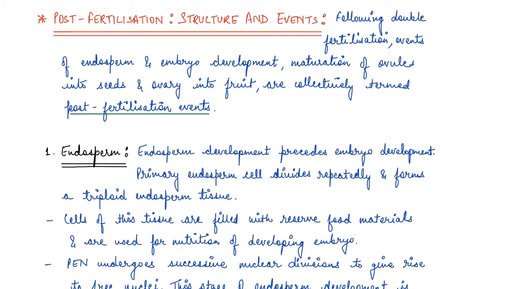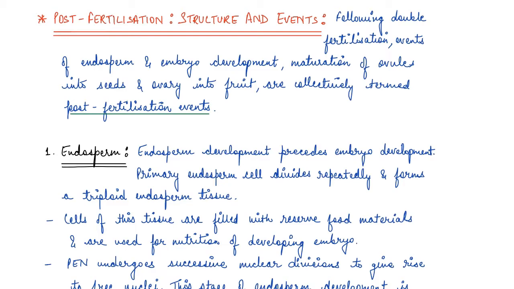So till now we have studied the pre-fertilization events, which is formation of male and female gametes. How does the structure of a male and female gamete look? How does the male and female reproductive part look? How does it occur?